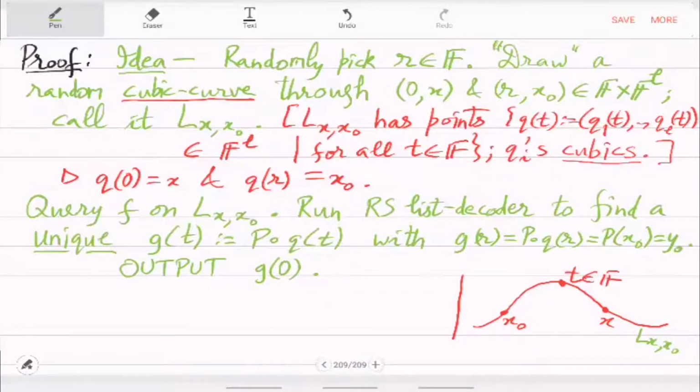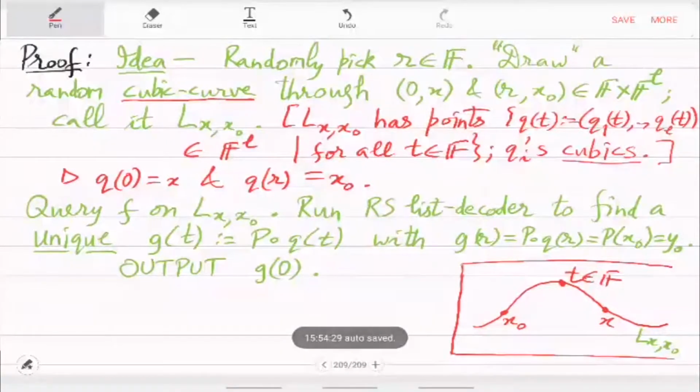So this is why we needed degree 3. And remember that this happens in a finite space. So this space is f to the L. All this happens in the space f to the L. This is a very discrete object, but analytically you can think of this.